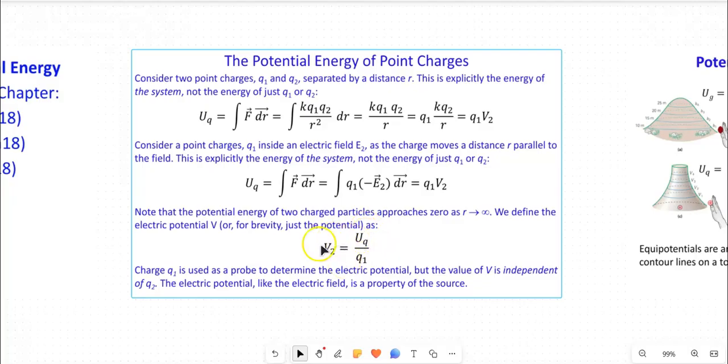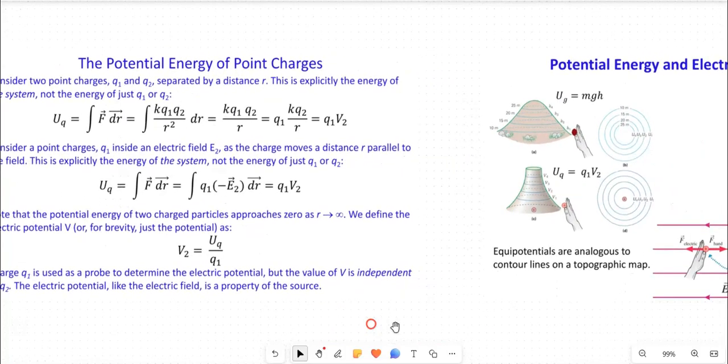So if you want to calculate a voltage, and you've got a potential energy and a charge in that electric potential energy field, you could use that to calculate the voltage. But again, voltage is a height.